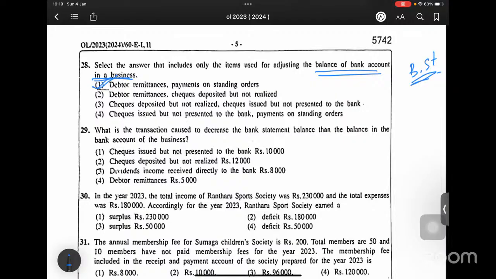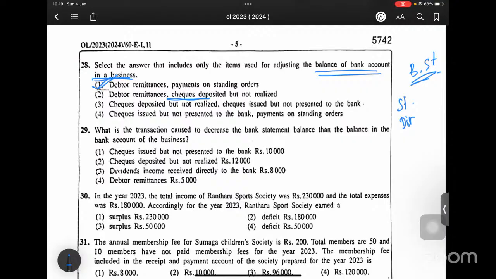Cheques deposited but not realized? No, if cheques are deposited, then we will record that in our business. But if there's any standing order or any direct remittance, meaning your debtor has directly deposited the amount into the bank account, you will not know that.